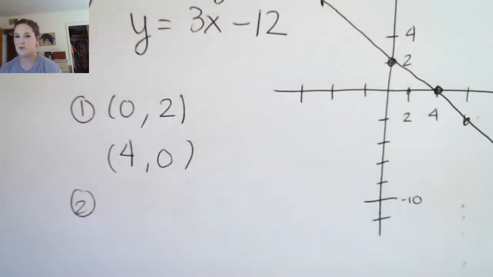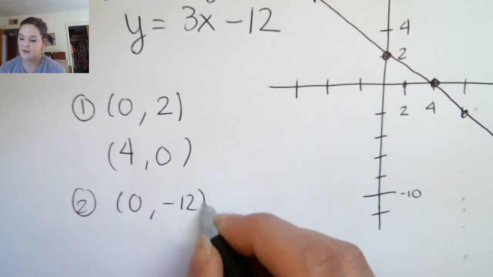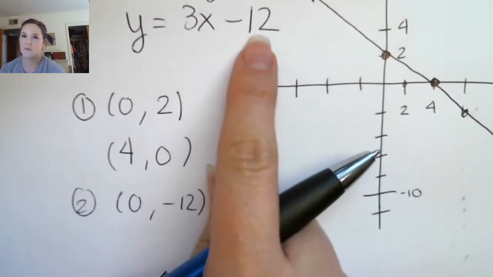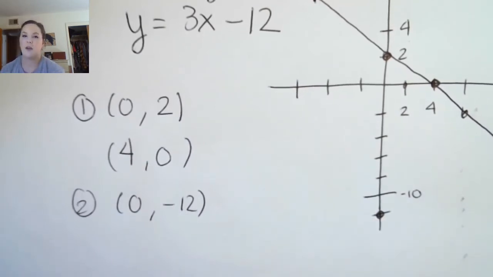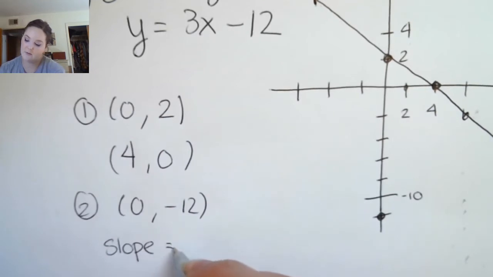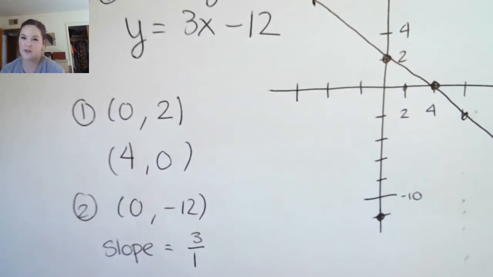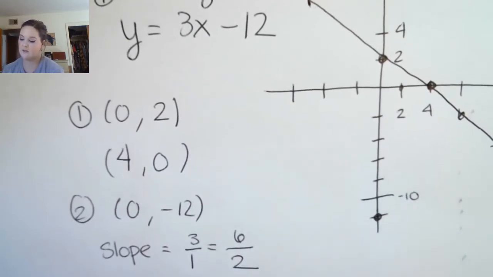All right, now I'm going to graph the second one. Okay, so just to remind you how to graph these, you could also use the slope-intercept method. So my y-intercept comes from this, it's 0, negative 12, which is here. Okay, and then my slope is 3 over 1. Okay, and because I decided to go by 2's, I'm going to say that this is the same as 6 over 2.